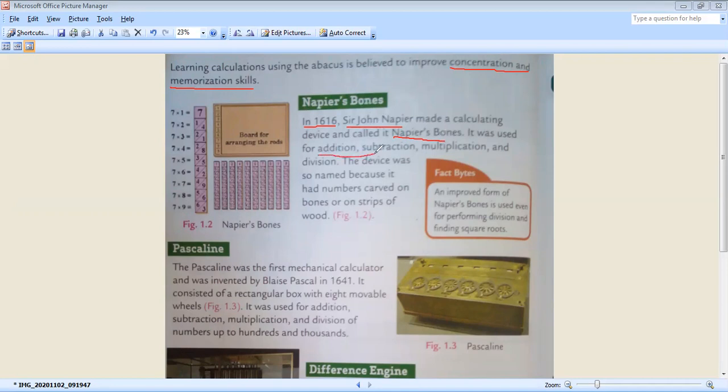The device was so named because it had numbers carved on bones or strips of wood. Napier was the name of the scientist Sir John Napier, and bones was because the numbers were carved on bones or strips of wood.